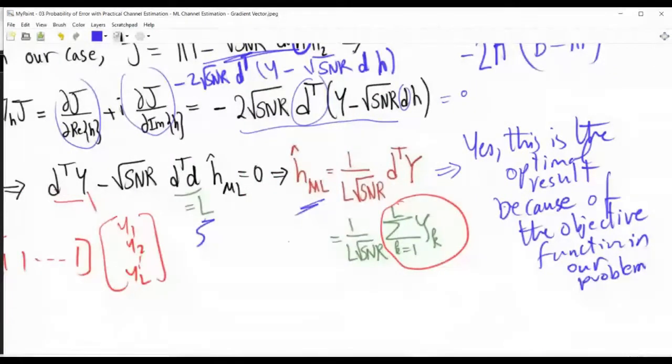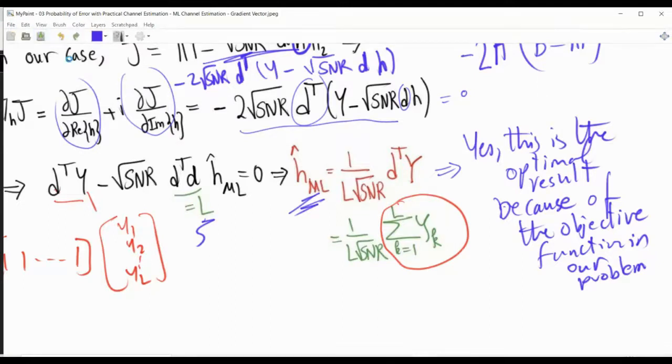So here we did ML estimation, and the ML estimator, if you look at it, tells you that if you want to estimate the channel, basically do a summation over all the received signals corresponding to the transmitted pilots, and then divide your summation by L, which is the number of pilots, and then by this factor here, which is square root SNR, and you will get an estimate for the channel.